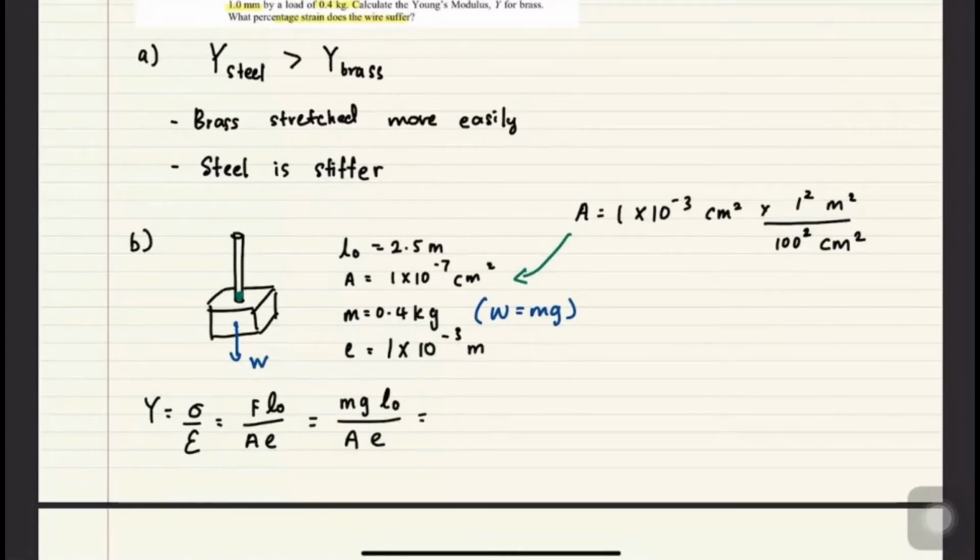So it will be 0.4 multiply with 9.81 multiply with 2.5. Always double check the unit because the issue in this chapter is really just the unit. The area especially.